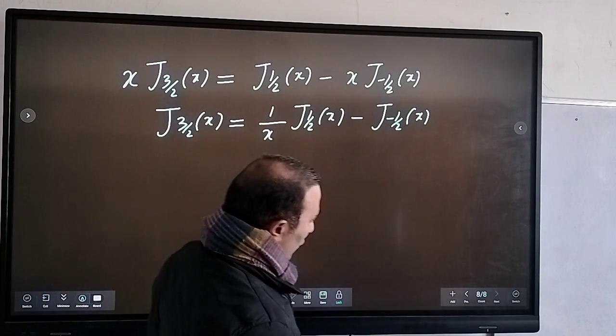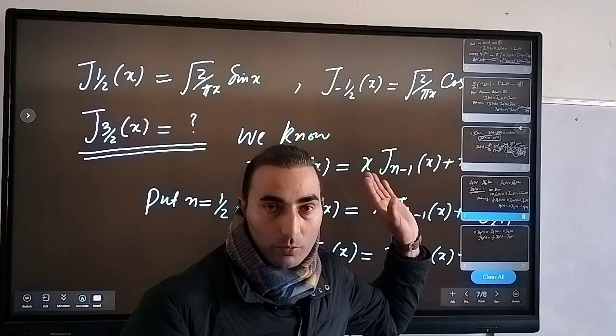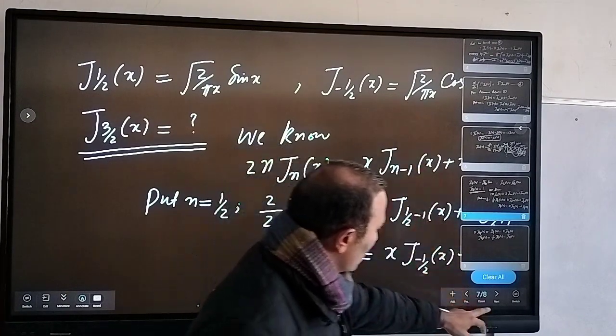Okay. Now we already know what is j plus half and j minus half. So j plus half is square root of 2 by pi x sin x, and this will be cos of x, right?